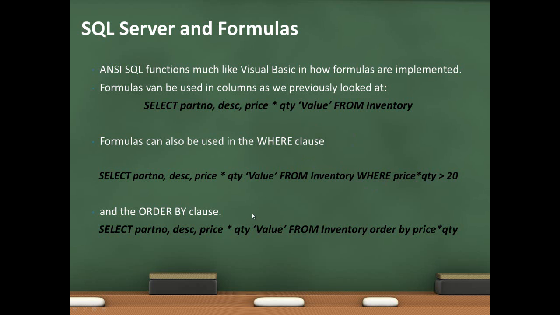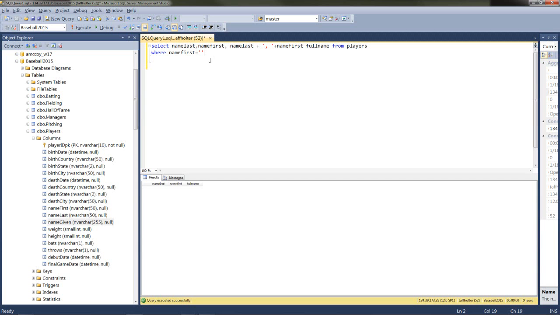Let's take a look at that example again. That's going to require me to come back over here and do a select. Let's do name last, name first, height divided by 12 as new height, from players.